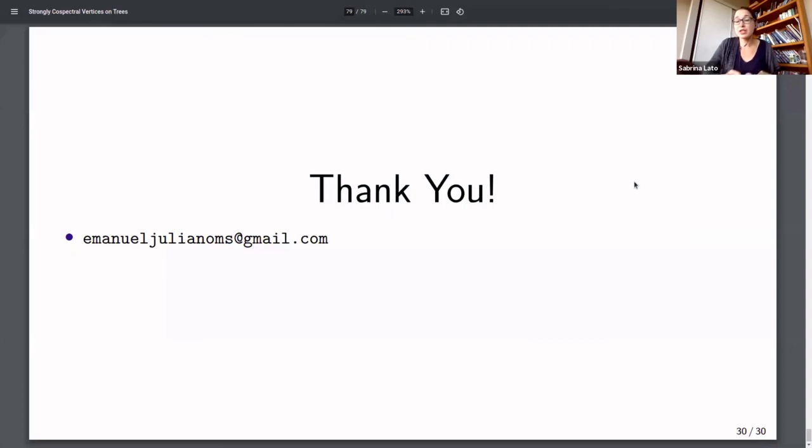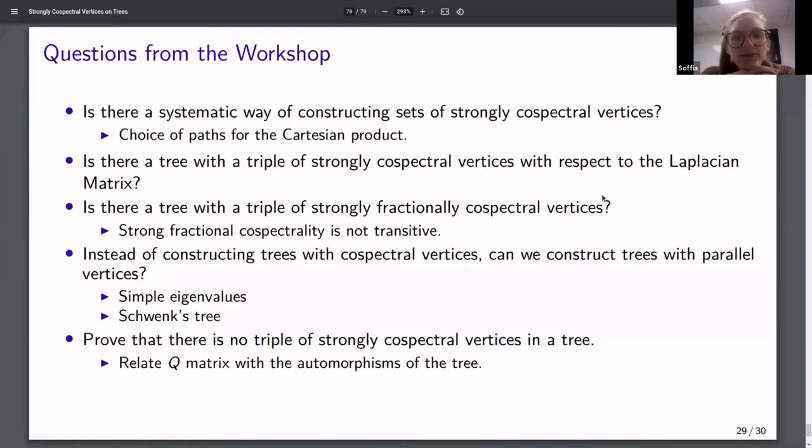Are there any questions? Can you go back to your previous slide? Of course. Just the last point there. Have you thought about how to do this?